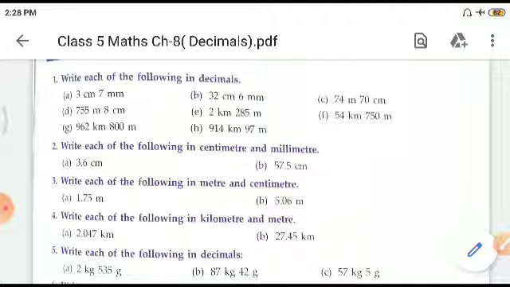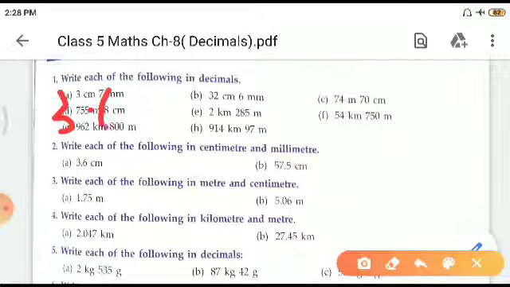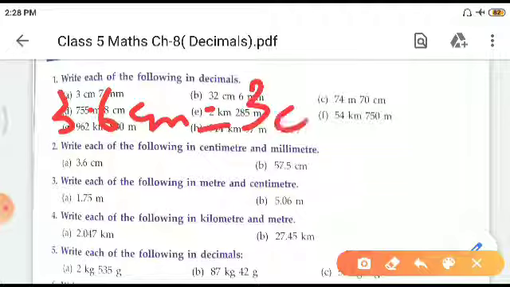So now 3.6 centimeter will become 36 millimeter. Or rather, see, this will be like this: 3.6 centimeter is equal to 3 centimeter 6 millimeter.